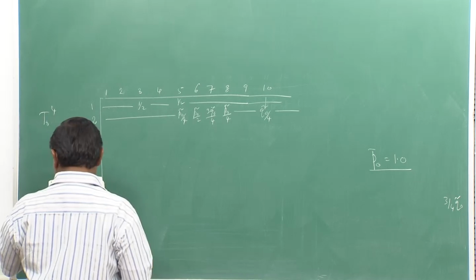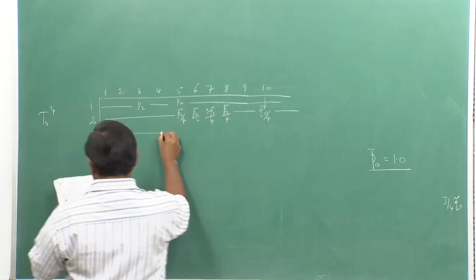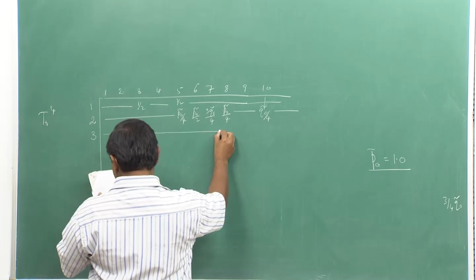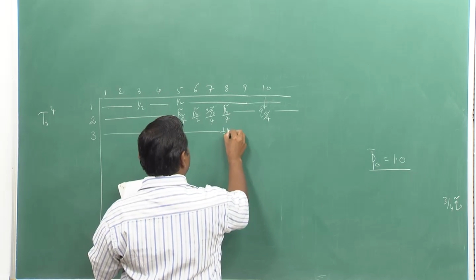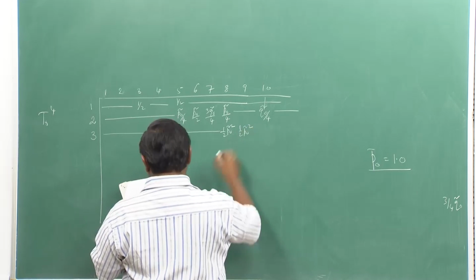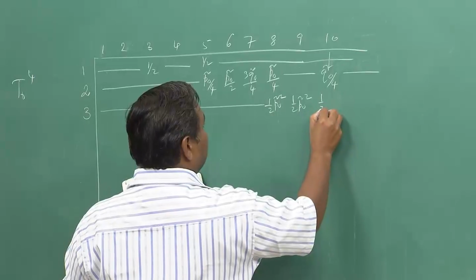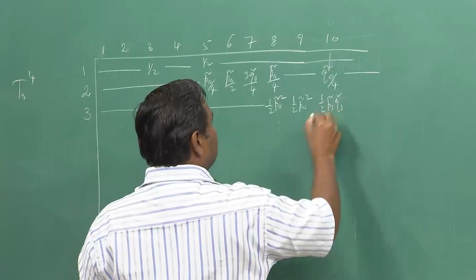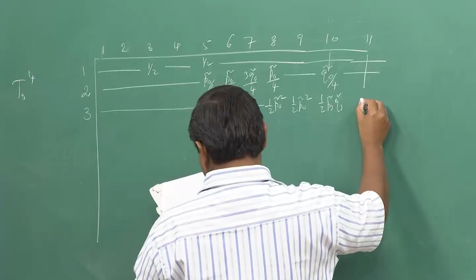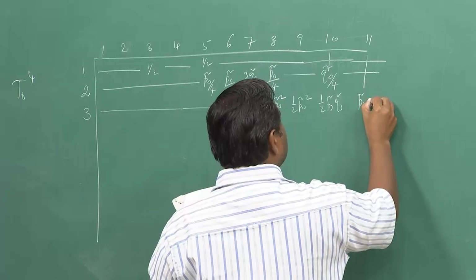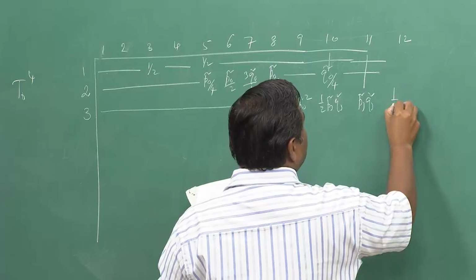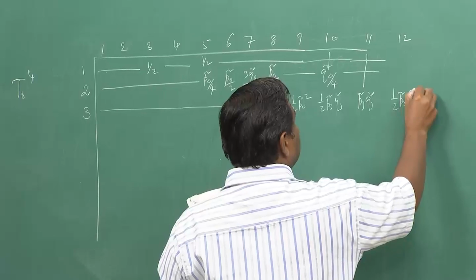So, from third I will be getting the 8th state with half pj tilde square, 9th will be there with half pj tilde square, 10th will be there with half of pj tilde qj tilde, 11th will be there with pj tilde qj tilde, 12th will be there with half pj tilde qj tilde.